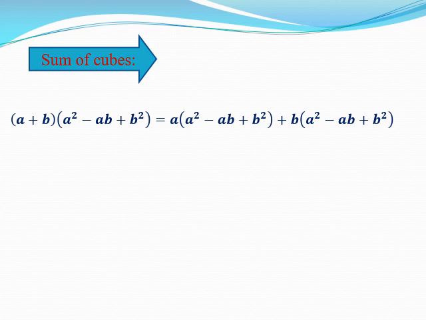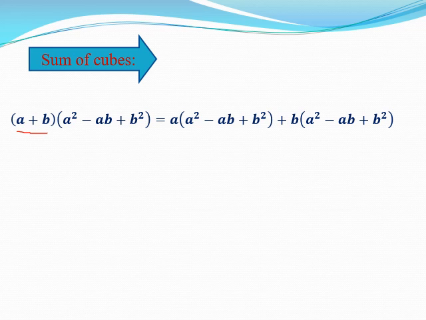Sum of cubes. Students, if we are given these two factors, a plus b times a square minus ab plus b square, and if we multiply them, for multiplication we split this factor into terms a and b and use the distributive property of multiplication.